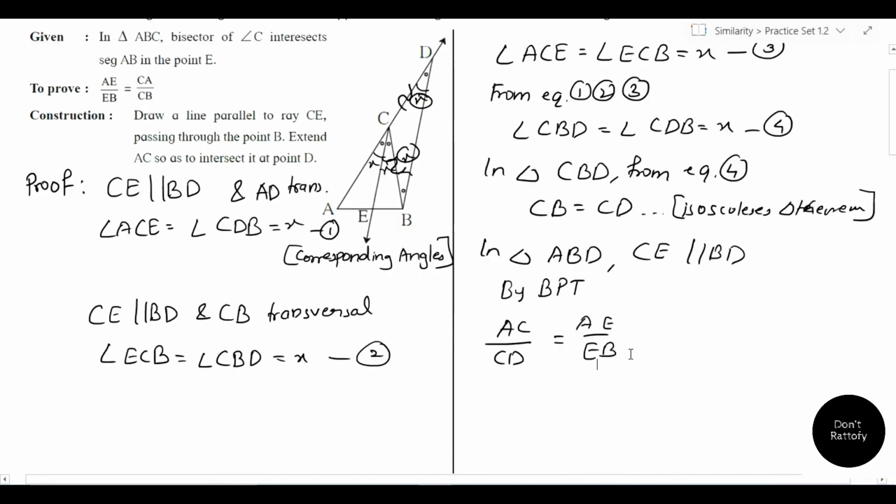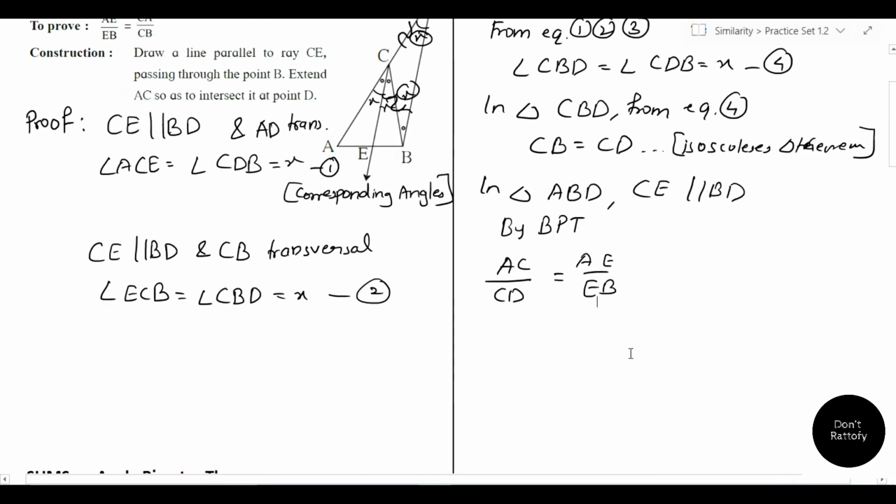But if you see the isosceles triangle theorem equation, let's say this is the fifth equation. So from the fifth equation, instead of CD, I will substitute CB.